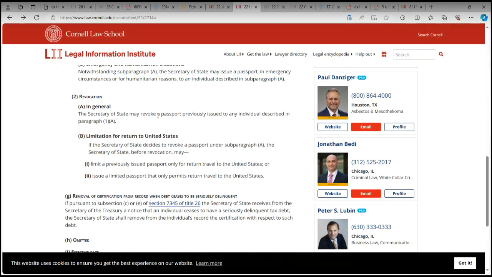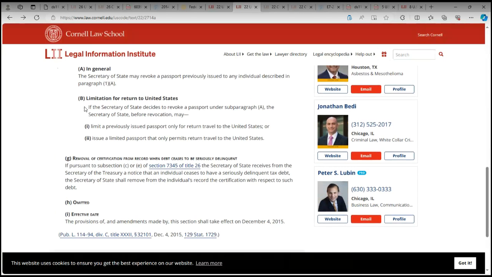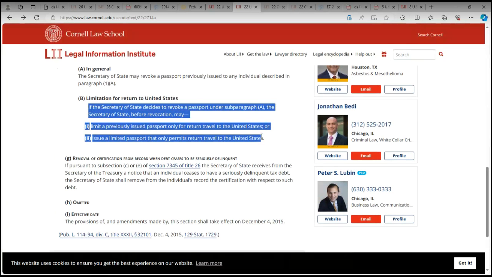The Secretary of State may revoke a passport previously issued to any individual described in paragraph A1A. Part B, limitation for return. So same thing. They only give it to you, the limitation on the passport, for you to come back home. And that's it for this section.